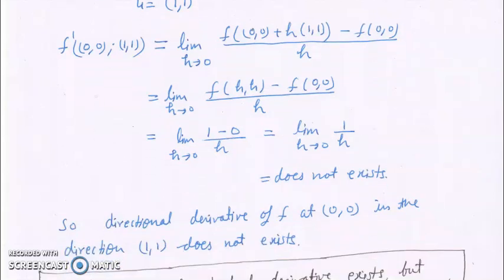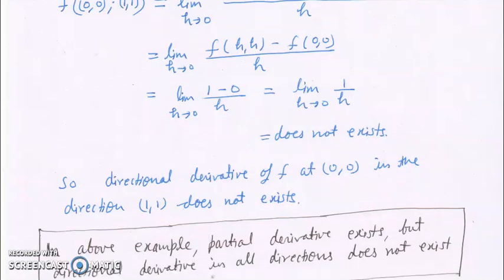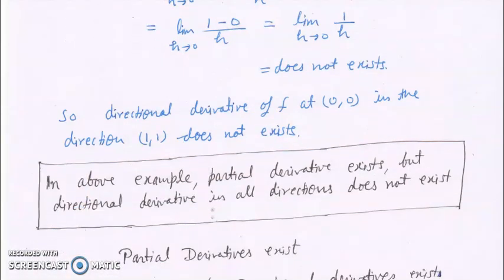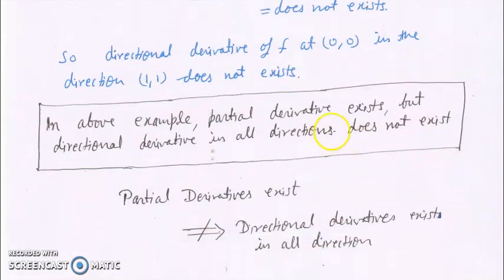So what does it mean? The directional derivative of f at (0, 0) in the direction (1, 1) does not exist. In this example, what is happening is that the partial derivatives exist. There are two partial derivatives because the function is a function of two variables, and both partial derivatives exist. But the directional derivative in all directions does not exist.